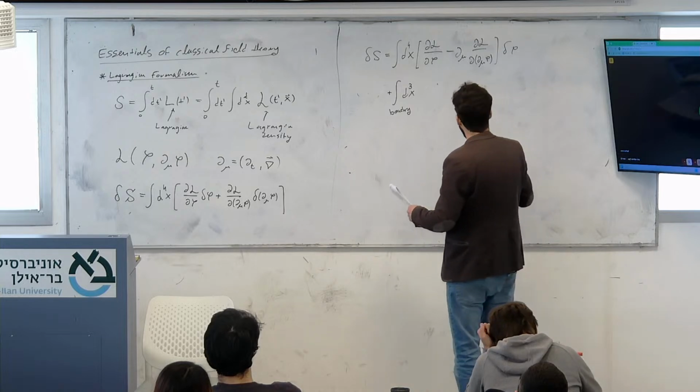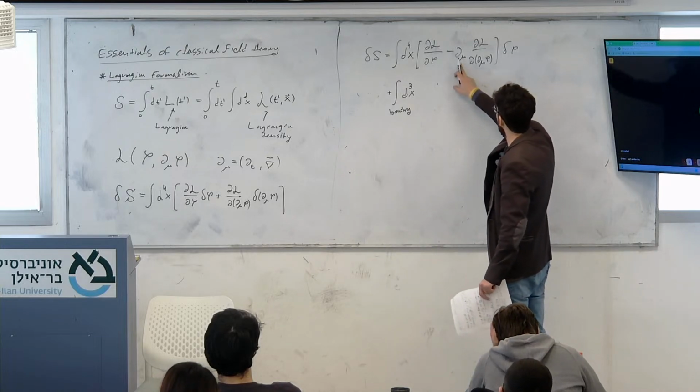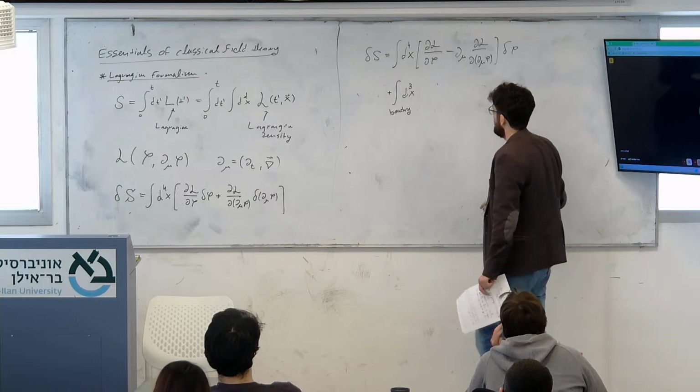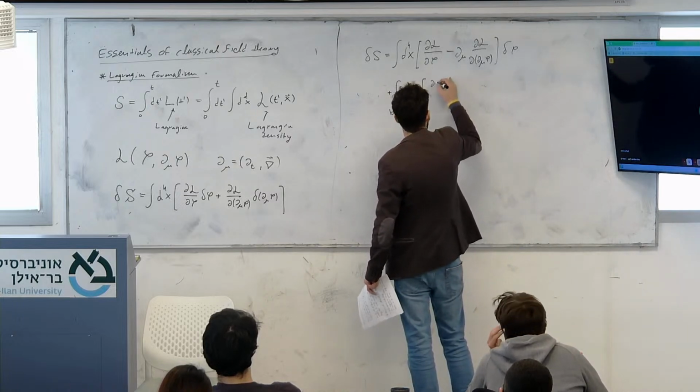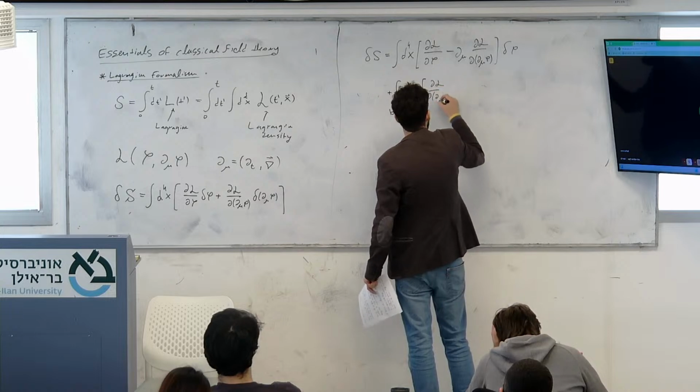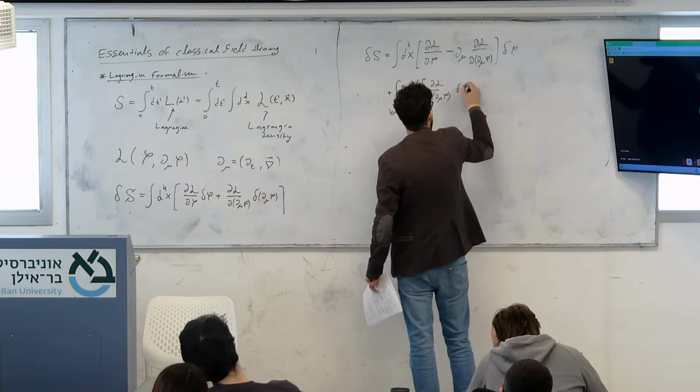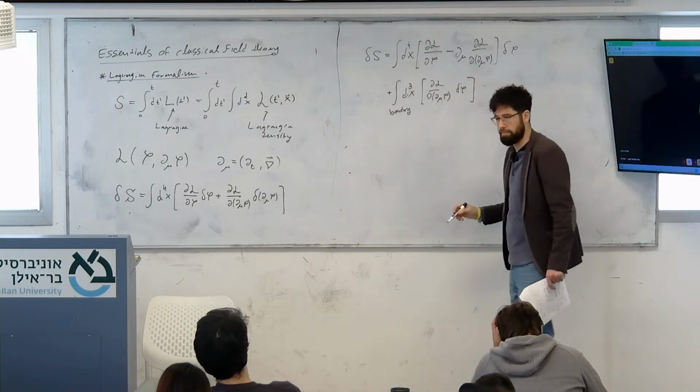I'll talk about these boundary terms later. So it's something like dL d mu phi times delta phi on the boundary.